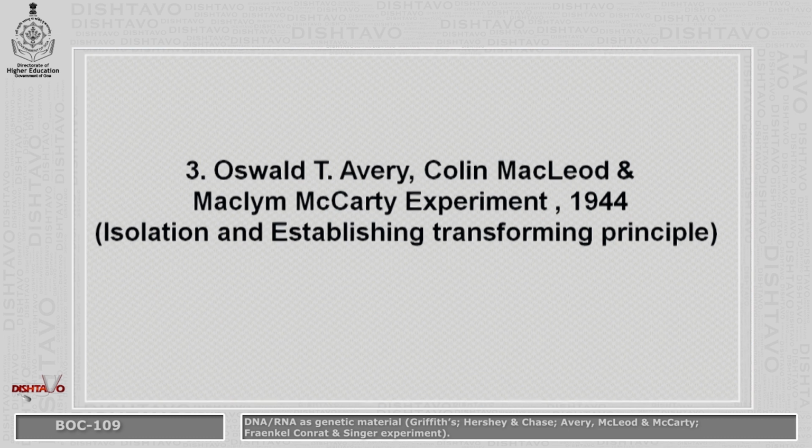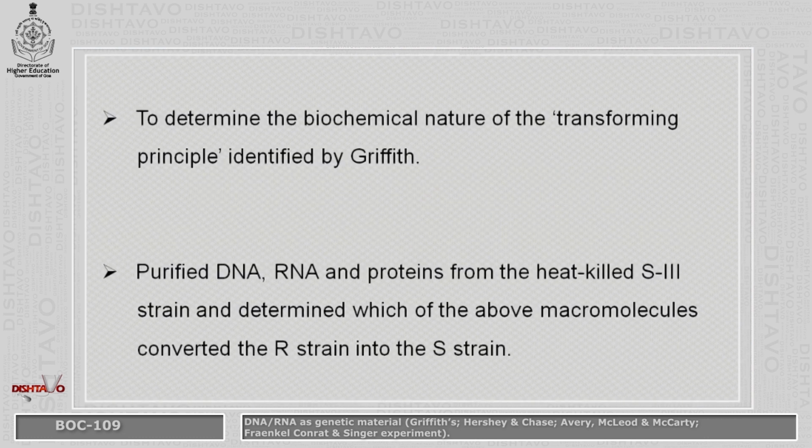It was later the Avery, MacLeod, and McCarty experiment in 1944 of isolation and establishing the transforming principle that Frederick Griffith identified. To determine the biochemical nature of this transforming principle, they purified DNA, RNA, and proteins from the heat-killed S3 strain, that is the fourth set of Griffith's strains, and determined which of these molecules converted the R strain into the S strain.